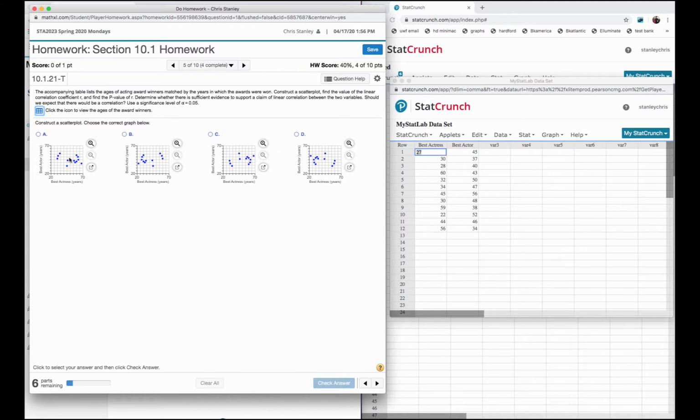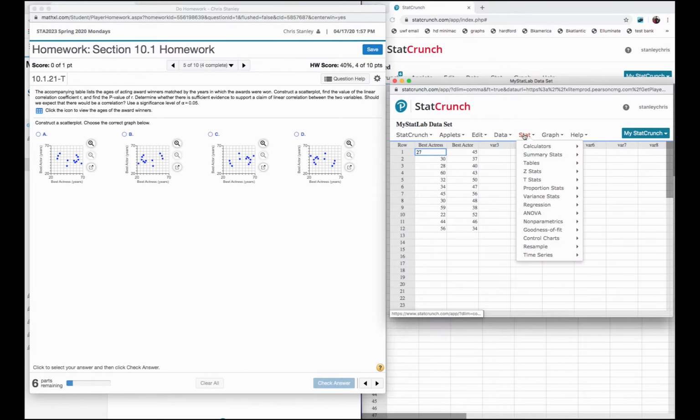Now, when I look at all these, I don't see a lot of association going on. Maybe a little bit of positive here, a little bit of positive here, a little bit of negative, but these are all pretty flat. I don't see a lot of correlation going on here.